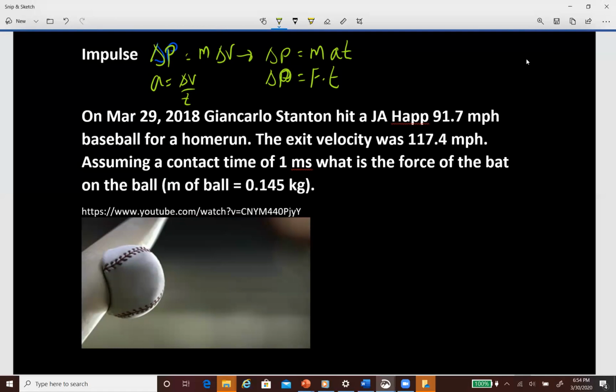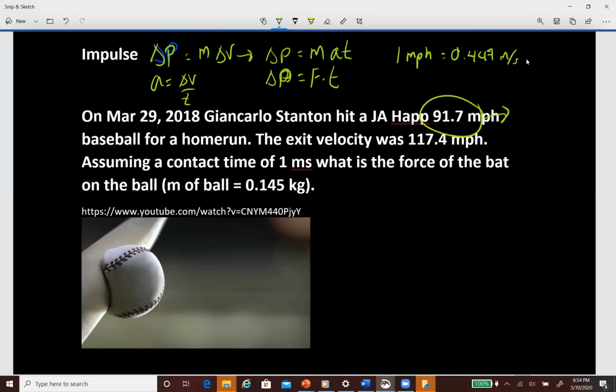So in this scenario, Giancarlo Stanton hit a home run, and the initial speed of the ball was 91.7 miles per hour. Yes, our American friends like it in miles per hour. So just so you understand, 1 mile per hour is about 0.447 meters per second. So if we can convert this, that would be nice.